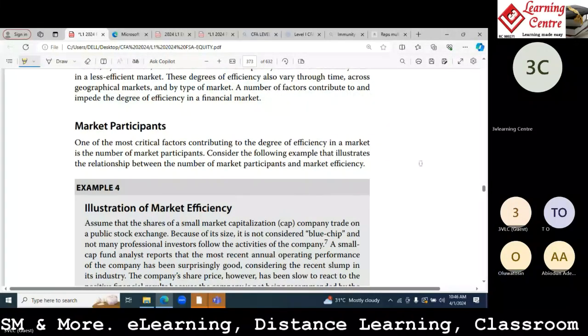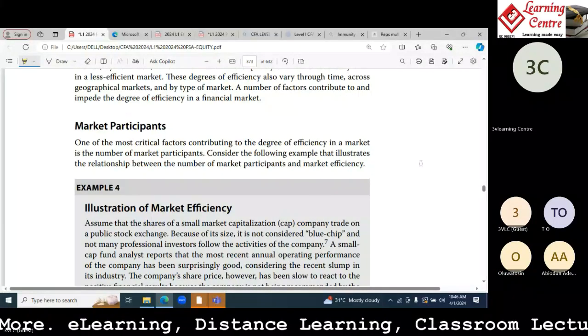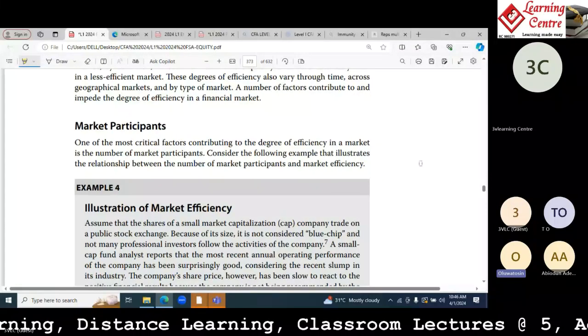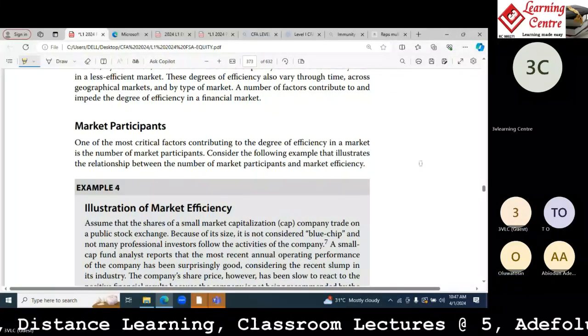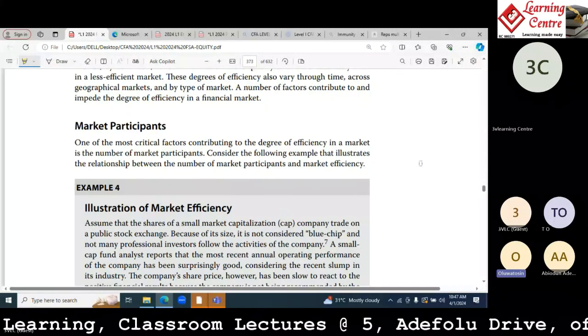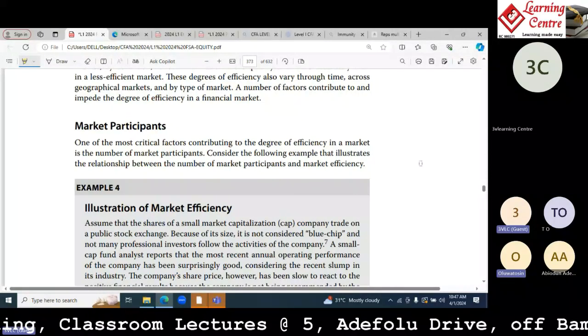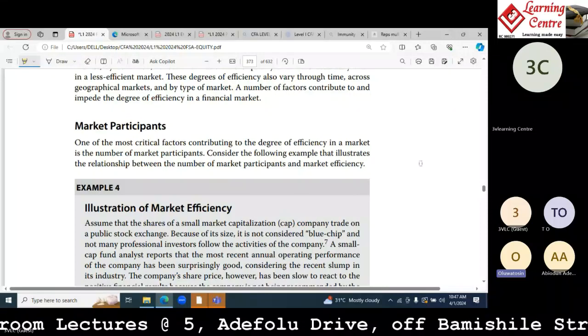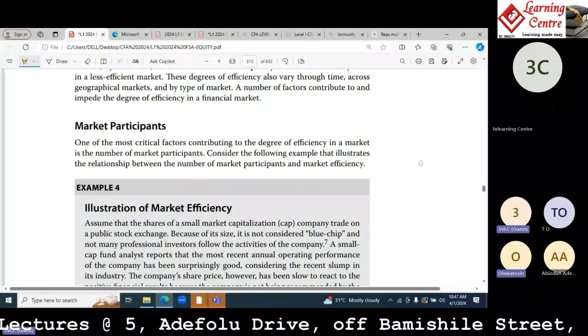For example, if you are not in a particular circle, you might not hear some type of information which is going to inform your own decision. Do those types of factors determine the efficiency of the market? Do you get my question?